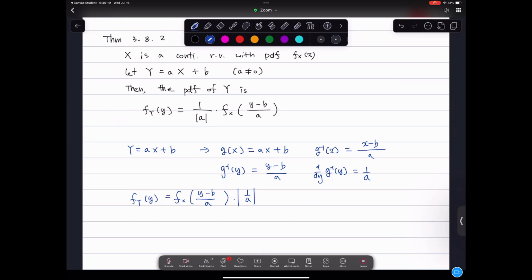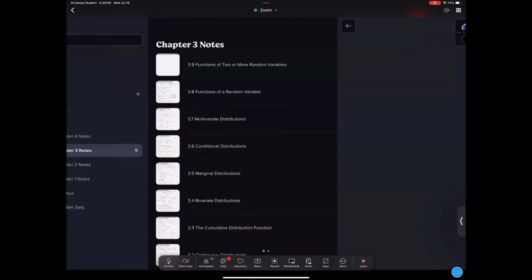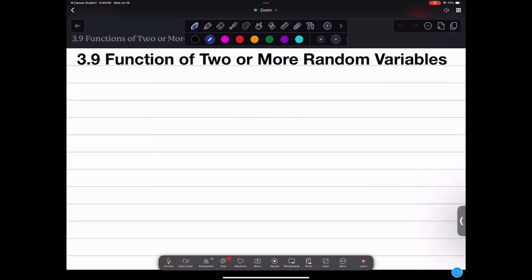So function of a random variable, and we're getting a distribution of that. So moving on to 3.9. It's not just a function of x alone, so we have functions of 2 or more random variables. So I have to consider more than just one random variable. So let's do it simply.